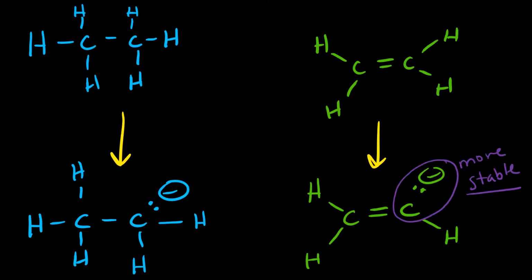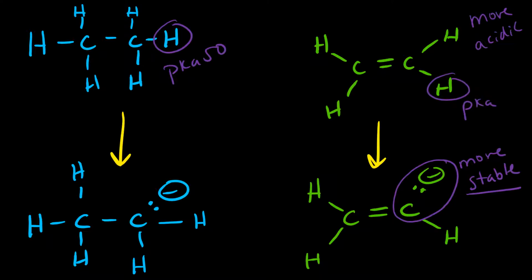Hopefully by now you get the idea that when you have a more stable conjugate base, it means that its parent acid was more acidic. And so this accounts for the differences in pKa between the proton here, which was around 50, versus one of these protons, which was around 44.